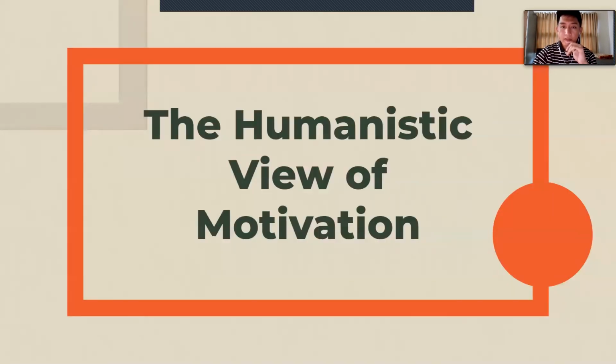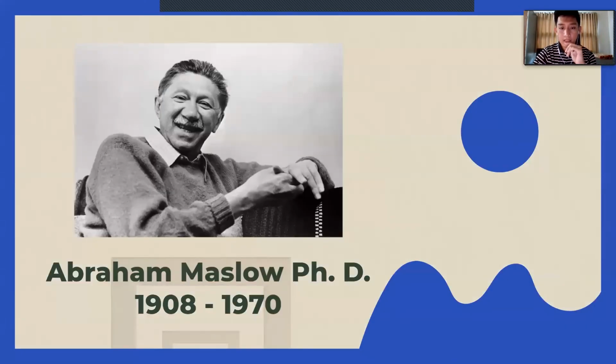Now, for the next section of my presentation, this is called the humanistic view of motivation. So we move on from the cognitive view into the humanistic view, which basically tells us how the progress of a person is based on how he or she would want to feel fulfillment in his or her life.